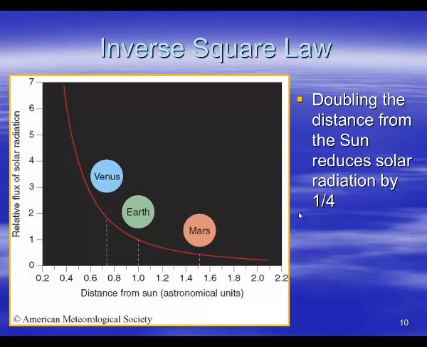We also see that the intensity drops as 1 over r squared. So if we double the distance from the Sun, it reduces the radiation by a quarter.